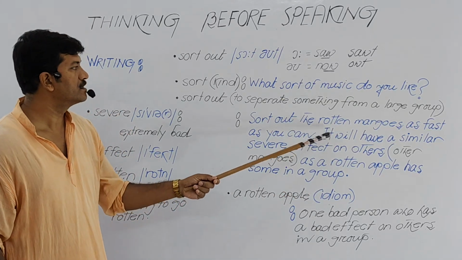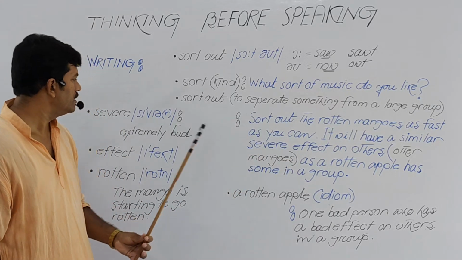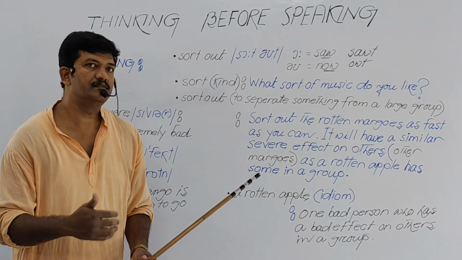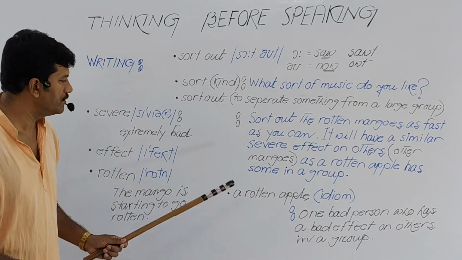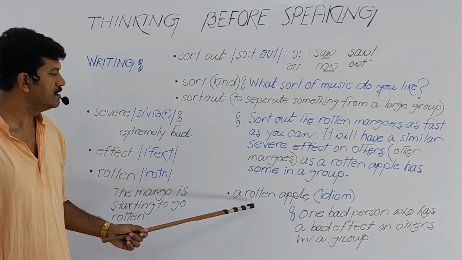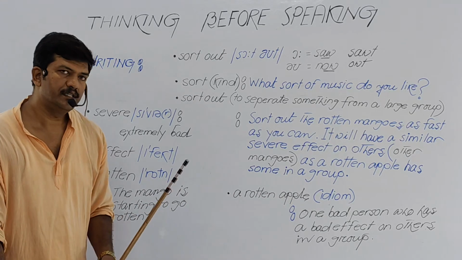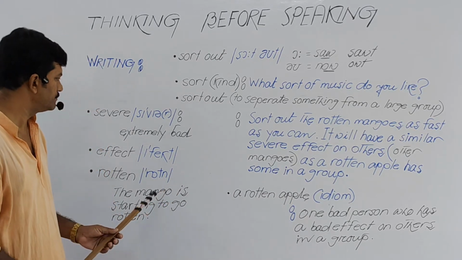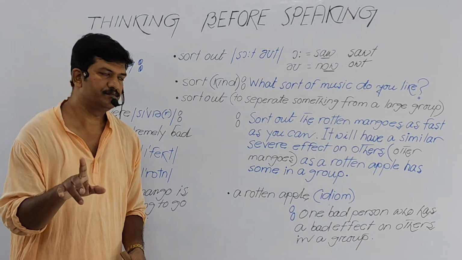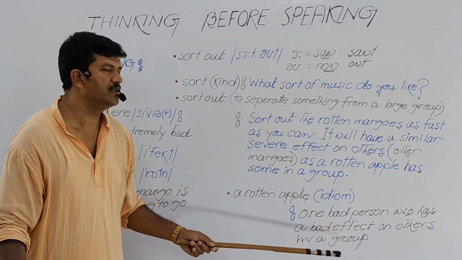As a rotten mango will have a severe or extremely bad effect on others or on other mangoes. Now, we are to take note of the fact that here a rotten apple is used as an idiom, and it stands for signifying a bad person who has a bad effect on others in a group.